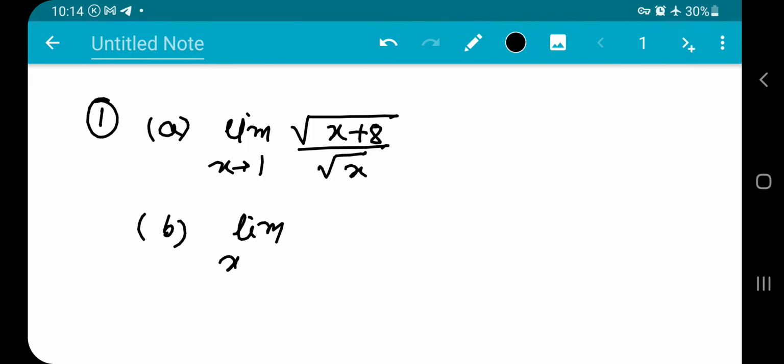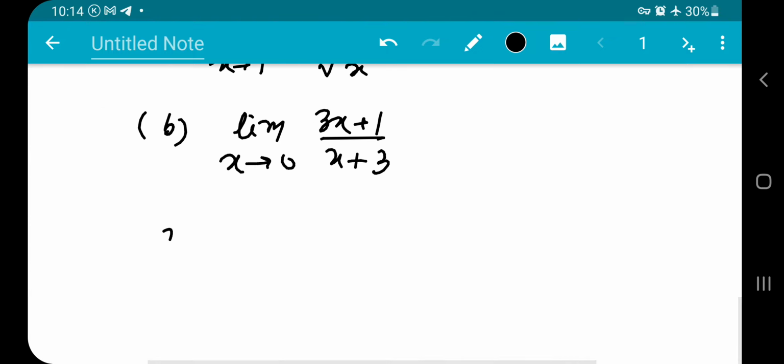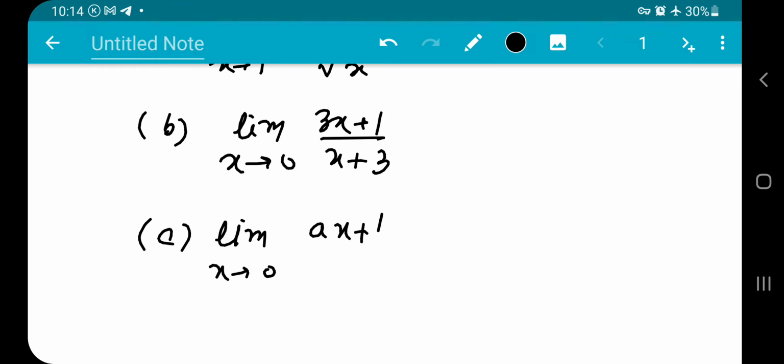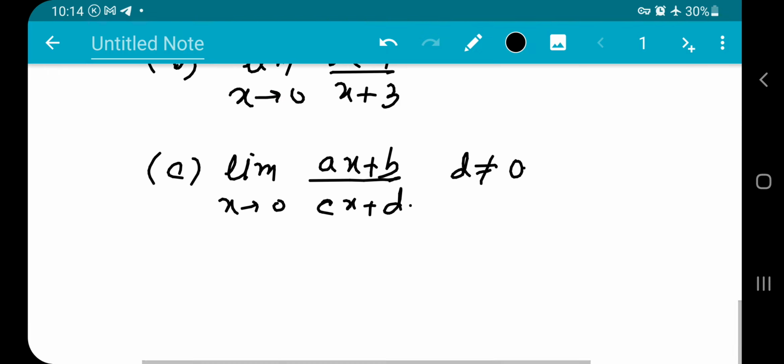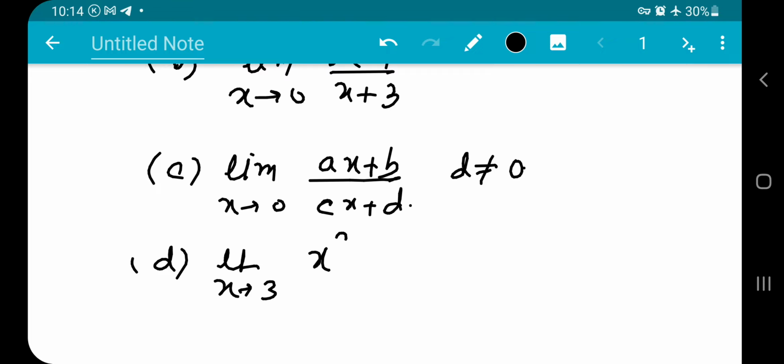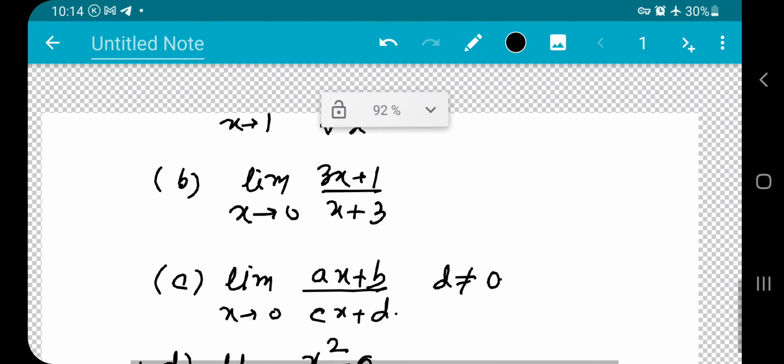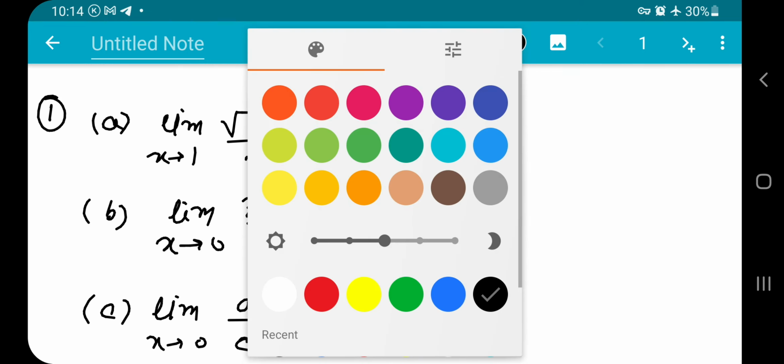Limit x tends to 0, 3x plus 1 by x plus 3. We are taking limit x tends to 0, ax plus b by cx plus d, where d is not equal to 0. And one more sum we'll do: limit x tends to 3, x square minus 9 by x plus 2. So these are very simple sums.